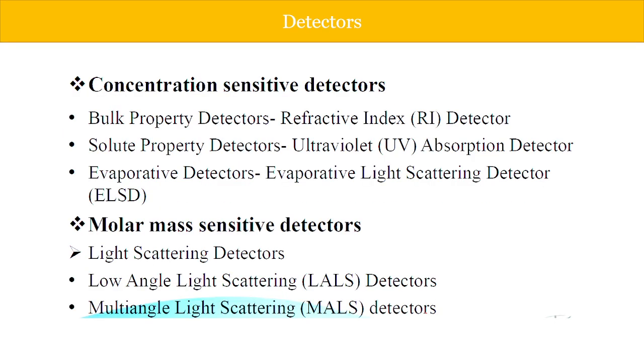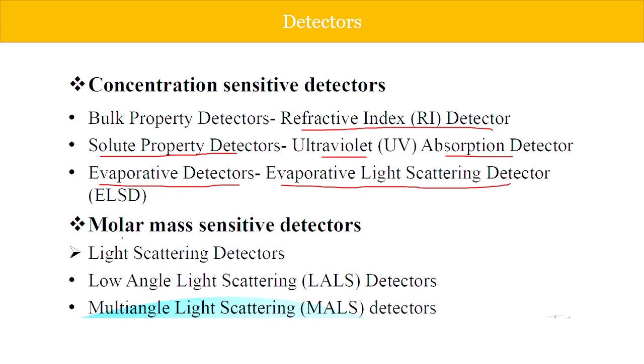Now coming to the detectors, we have concentration sensitive detectors, among which we have the bulk property detectors and the solute property detectors, in which you have the ultraviolet absorption detector. In the bulk property detectors we have the refractive index detector, and in the evaporative detectors we have the evaporative light scattering detector.